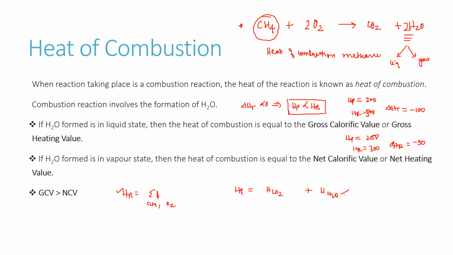Now, if we have water in the liquid state, then it has a lower enthalpy, while if we have water in gaseous state, it has a higher enthalpy, right? So if water is found in gaseous state, then HP is going to be higher. If HP is going to be higher, the magnitude of delta HR is going to be lower.